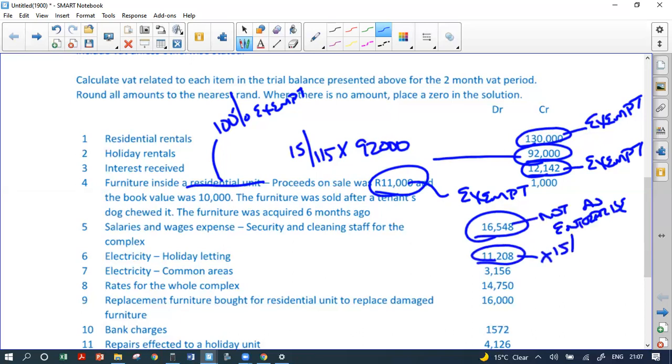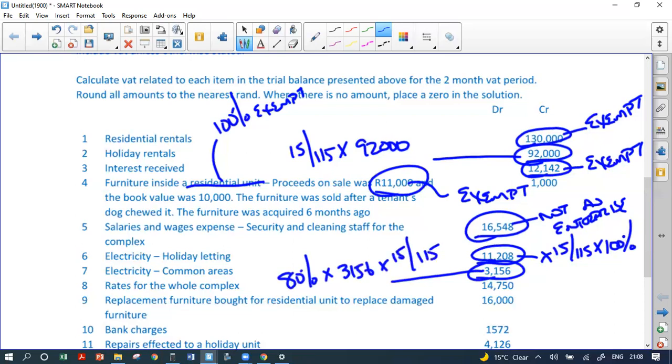Times 15 over 115 times 100%. Electricity, common areas, that's used by residential and holiday letters. So what are we going to claim? 80% times 3156 times 15 over 115, because it's used by both commercial and residential accommodation.